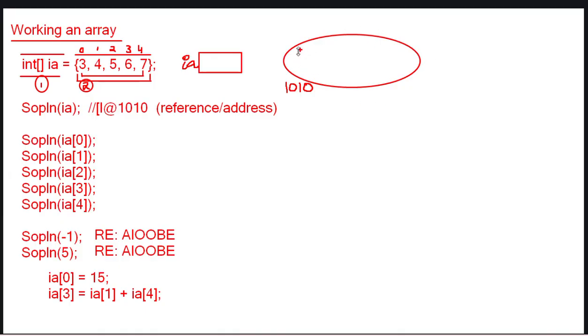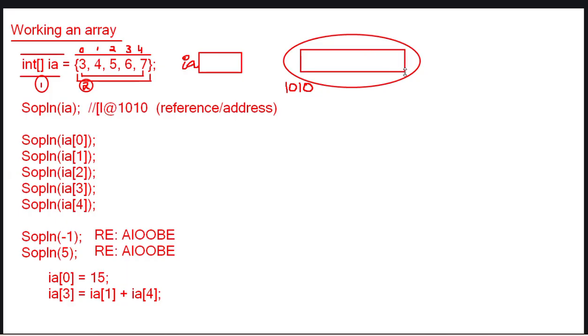Come back now. What is that? This is my array object. Address is 1010. This address is nothing but the first location address. The first location created address is 1010. Then next location 4 bytes starts at where? 1014. Next 4 bytes 1018. Next 4 bytes 1022.